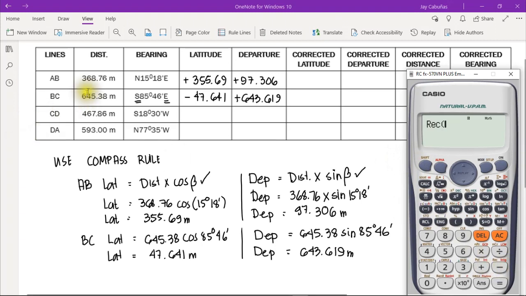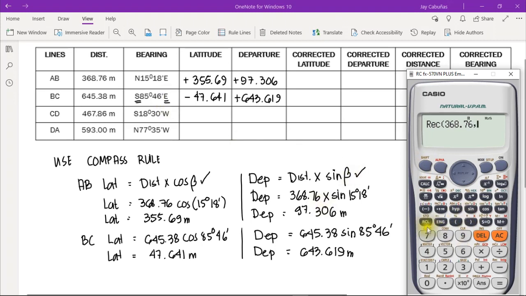Then you encode the distance, so we have 368.76. Then comma, which is shift, then the closed parenthesis button.